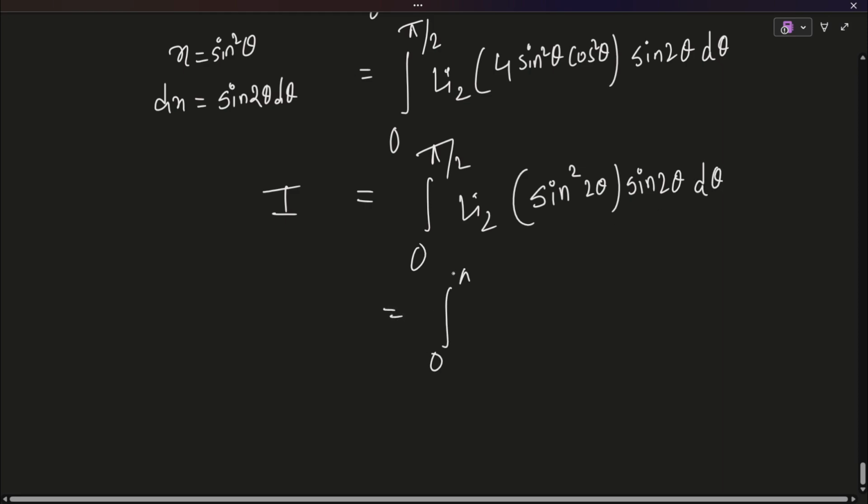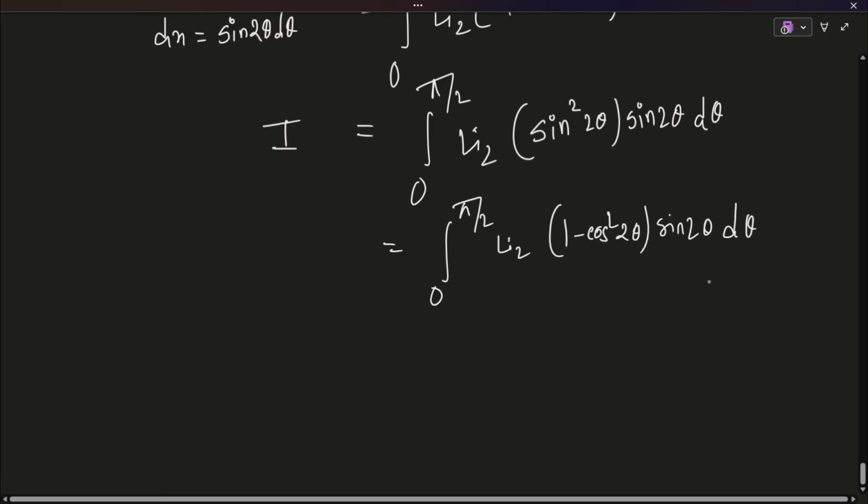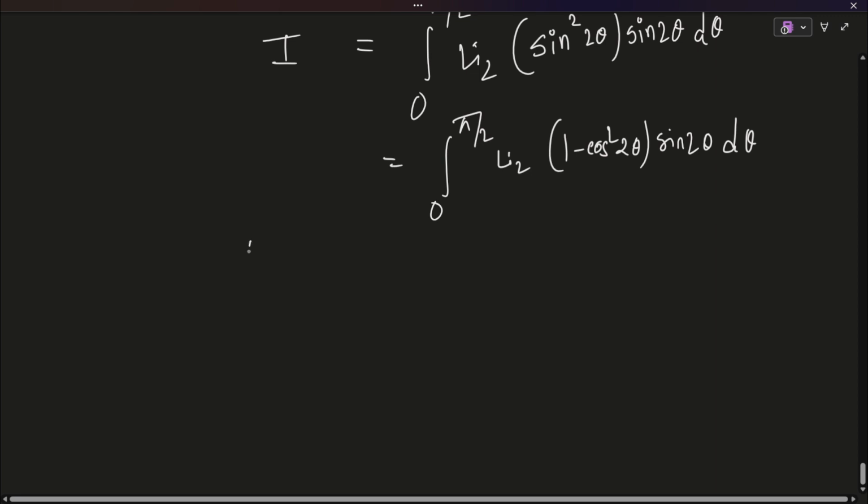Write sine square 2 theta as 1 minus cos square of 2 theta, into sine 2 theta d theta. And the reason being I want to again substitute for cos 2 theta. So let t equal cos of 2 theta. And in this way what you get is dt equals minus 2 sine 2 theta d theta, correct?